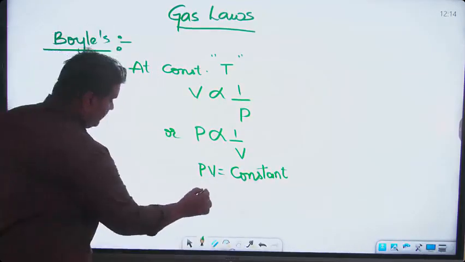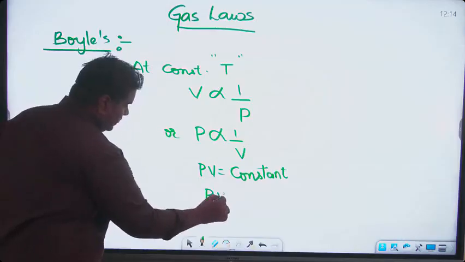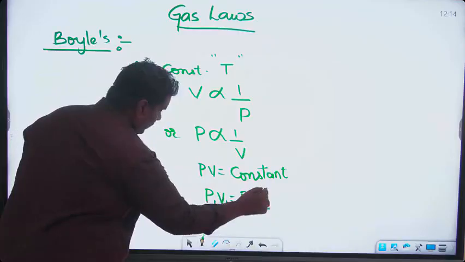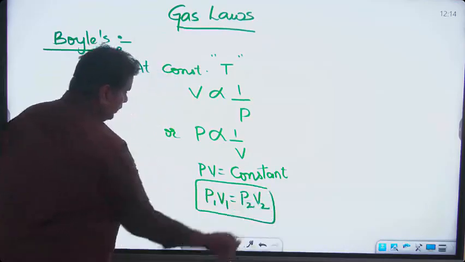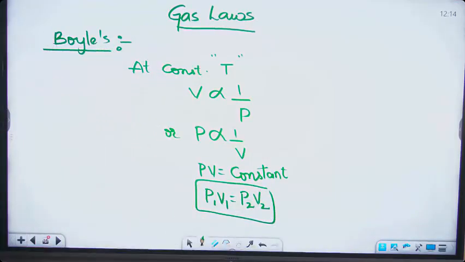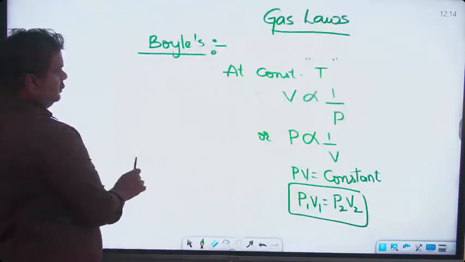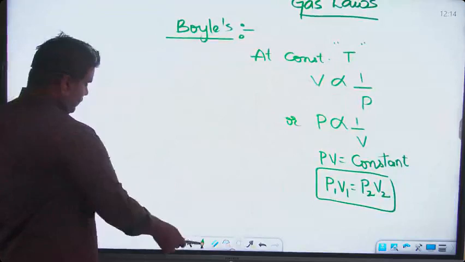Or else, if you're talking about two gases, then P1 V1 equal to P2 V2. So according to Boyle's law, P1 V1 equal to P2 V2.